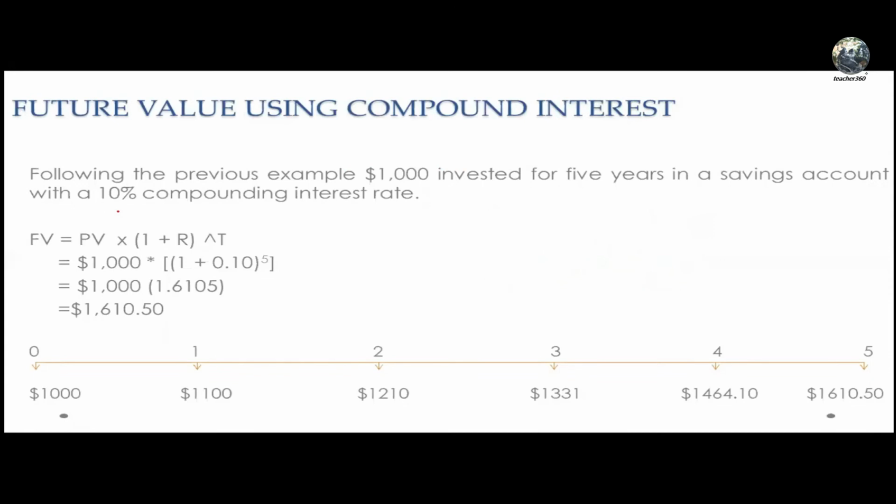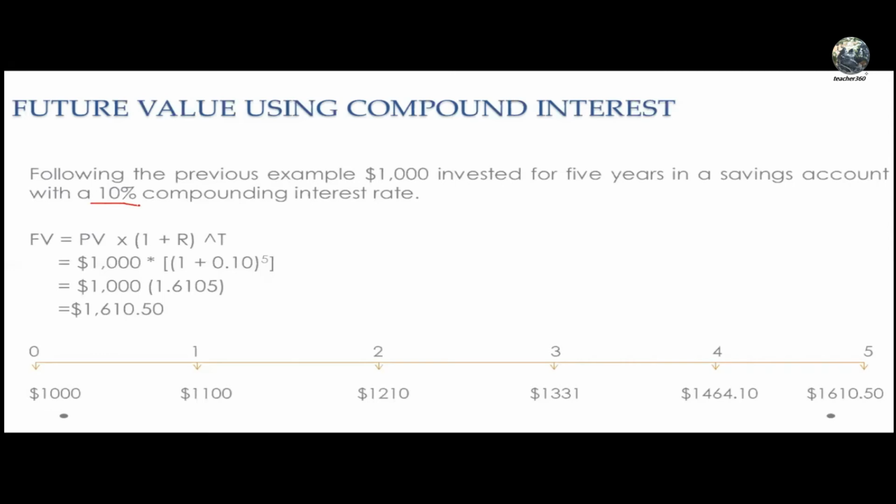Future value using compound interest. Following the previous example, $1,000 invested for 5 years in a savings account with a 10% compounding interest rate. Since they have not mentioned semi-annually or quarterly, you have to consider a 10% annual interest rate.